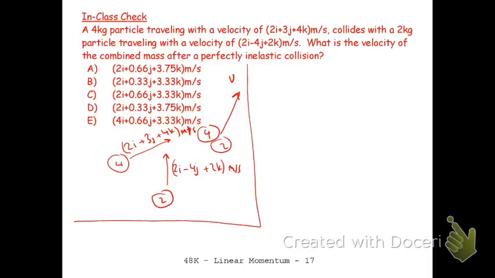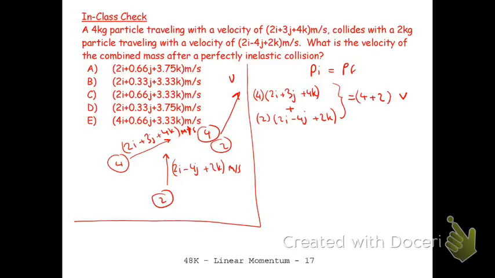So let's have a look. P initial equals P final. So I'm going to say it's going to be 4 times the first velocity in IJK, added to 2 times the second, equals the combined mass times V. I'm not going to cram everything in horizontally.